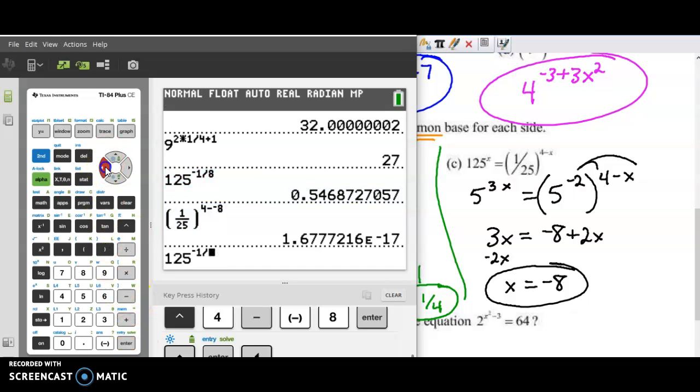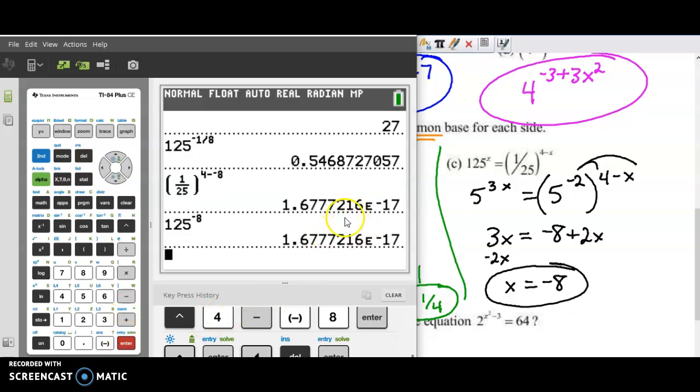Let me fix that. There you go. You can see that they're the same decimal. I had a feeling I did something wrong, but there we go, I fixed it. So you have to type in -8 on both sides and see that you get the same decimal on both.